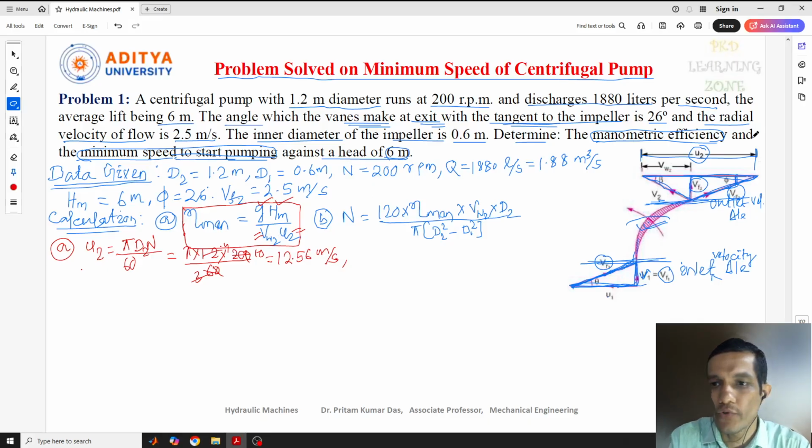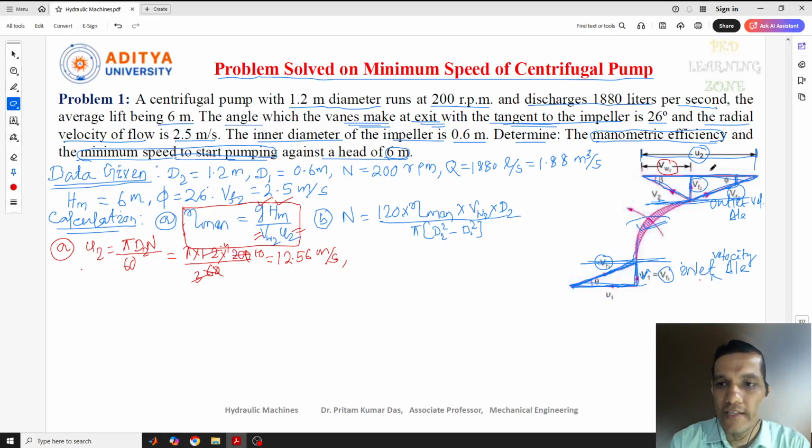VW2. If you see the outlet condition, this is the VW2. By which relation can we calculate VW2, that we need to identify.